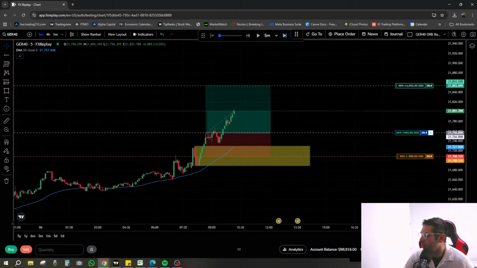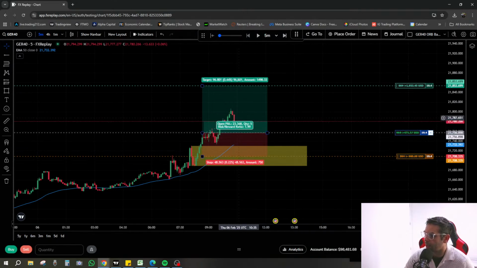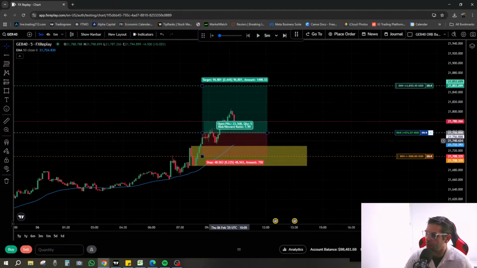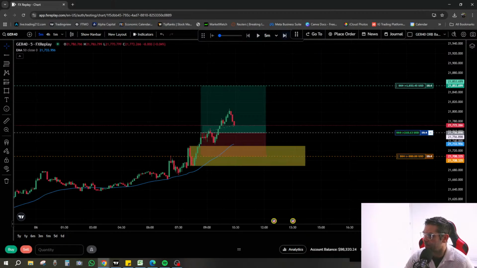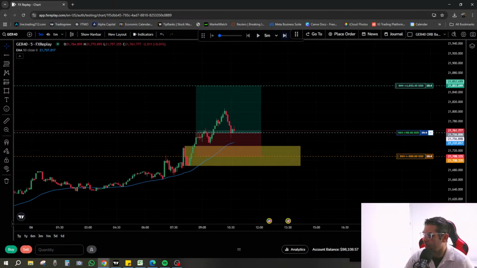Yeah, keeps pushing higher. I think a good way to manage these trades is to move the stop to break even once price has cleared your level of entry. So give it some breathing space, but in this situation I would probably move it to break even, but I'll just leave it this session and see what results we get without moving the stop to break even, because it would have taken us out right here.